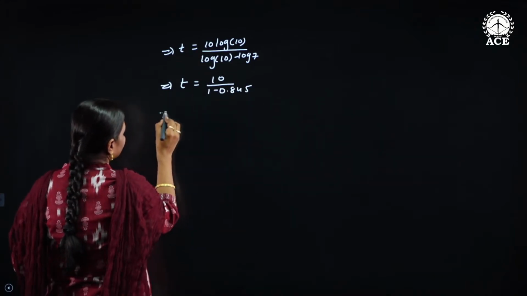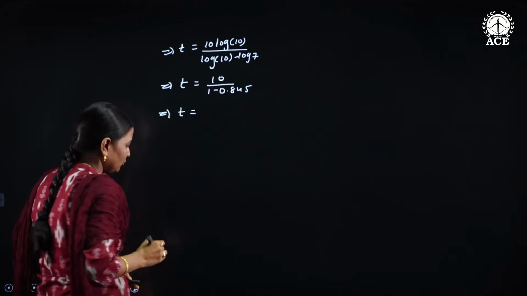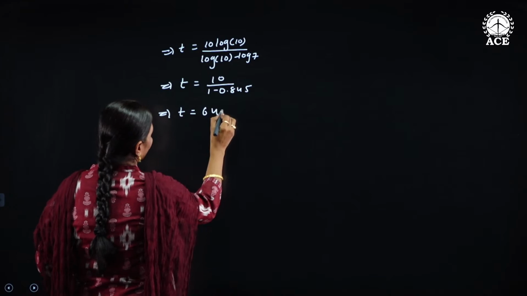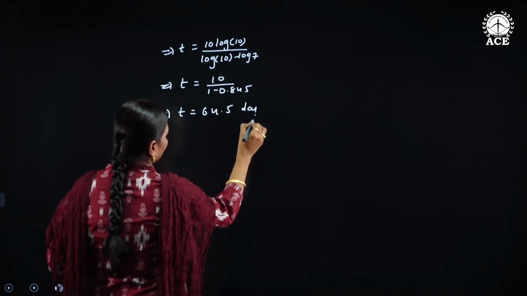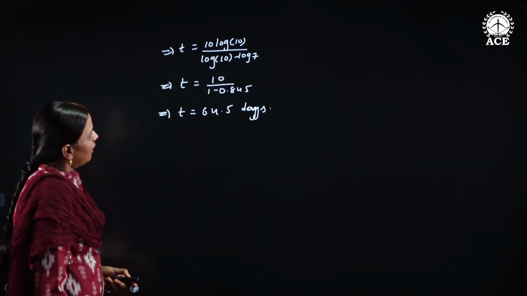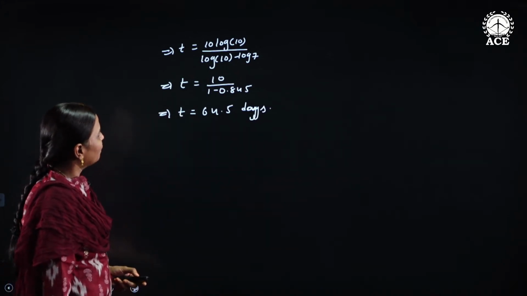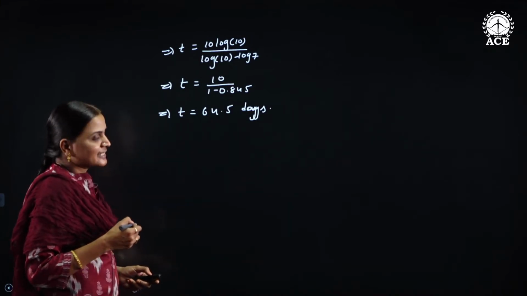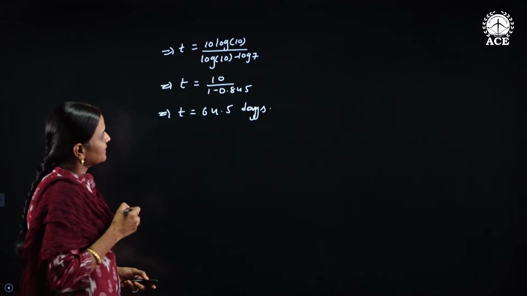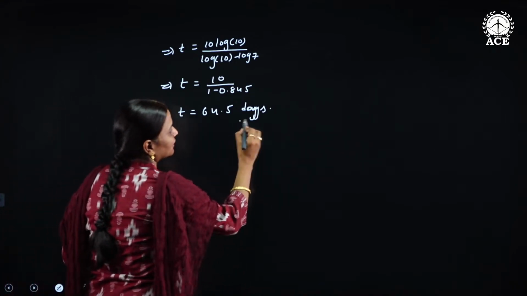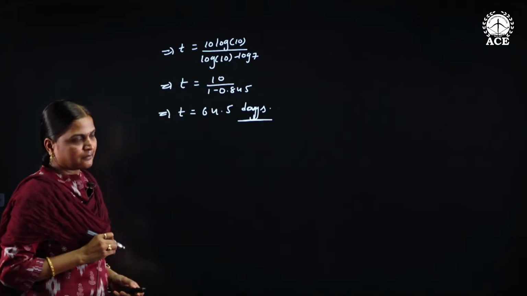If we simplify this equation for t, t is equal to 64.5 days. So, after 64.5 days, the amount of the given substance disappears by 90%. So, this is the required time. Here, please mention the units also, days.